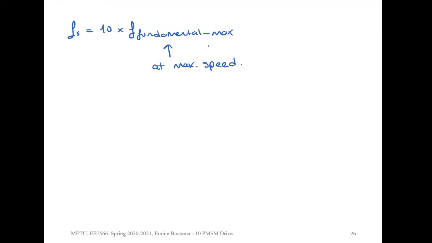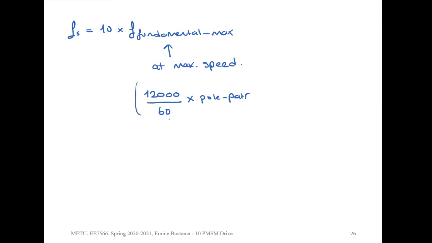And I have done it many times, but if, for example, we have a maximum speed of 12,000 RPM, then we need to calculate the fundamental frequency. The fundamental frequency is going to be that divided by 60 and multiplied by the pole pairs, because this is going to be the electrical frequency.